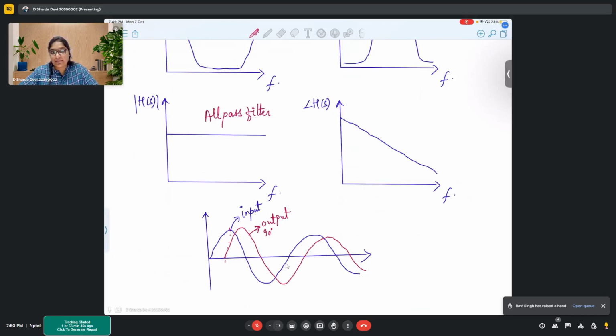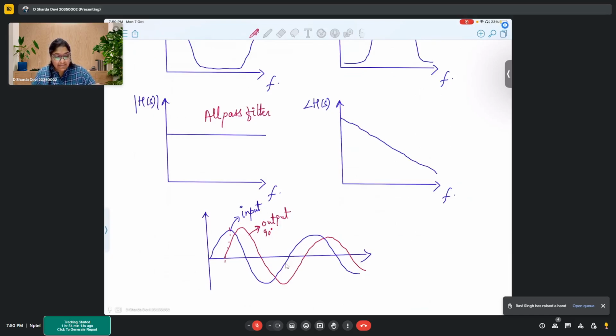It's like at what frequency you are operating to introduce what delay. So if you want a delay of 45 degrees, then you will design your all-pass filter using the components such that it would provide you with 45 degrees of delay.